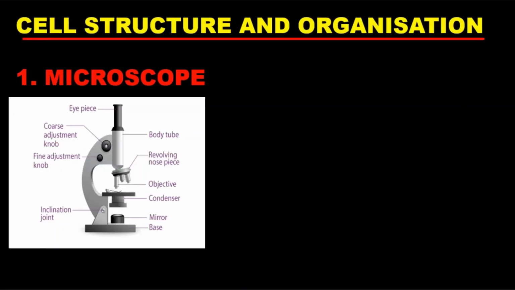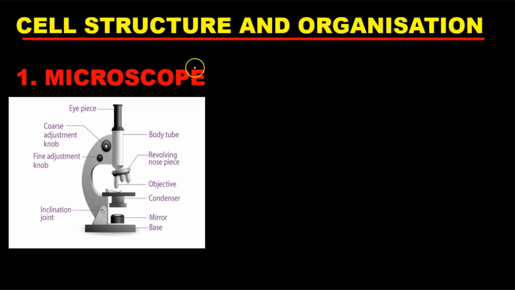So having discussed the characteristics of living organisms, let us now look at one of the characteristics of living organisms, which is the cell. We said living organisms have cells, and by definition a cell is just the basic unit of a living organism.